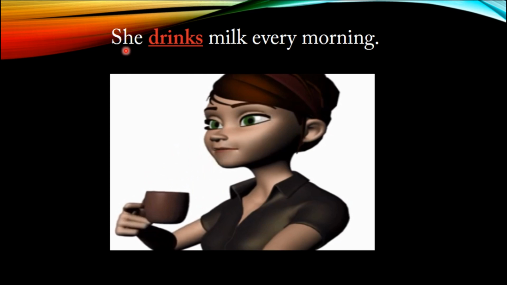Look here. The subject is she. When the subject is third person, what are the third person subjects? He, she, it. So, here I take the third person singular she.